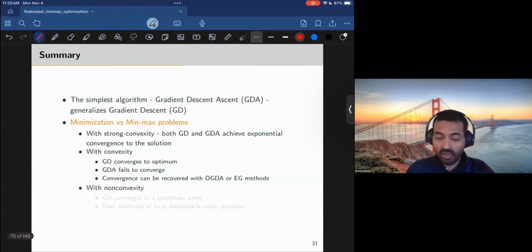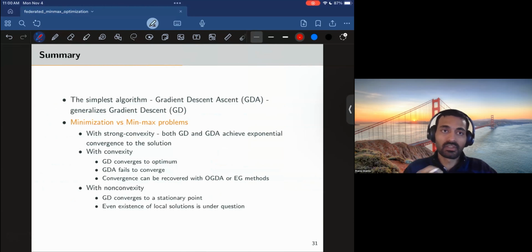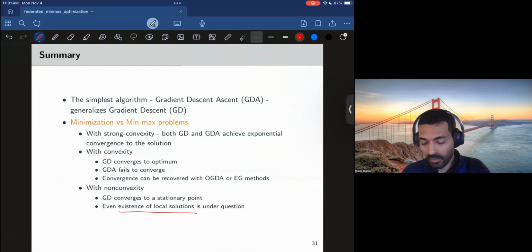And finally, with non-convexity, the picture is completely different, meaning that if you are solving a minimization problem, you can achieve convergence to a stationary point. But if we are solving min-max problems, which are non-convex in X, non-concave in Y, then even existence of local solutions is difficult to ascertain.